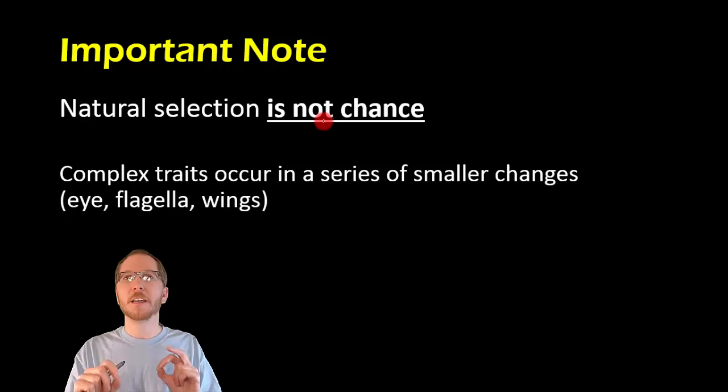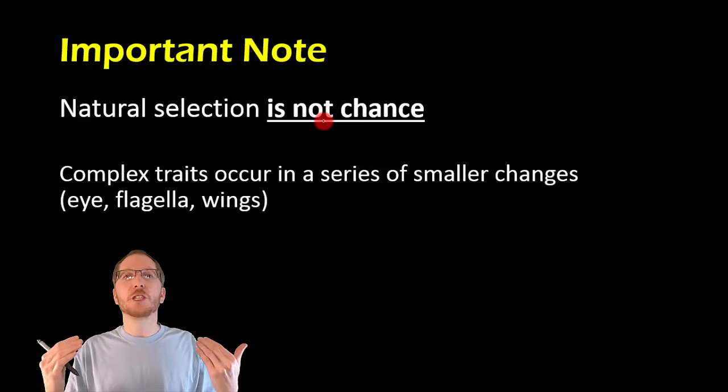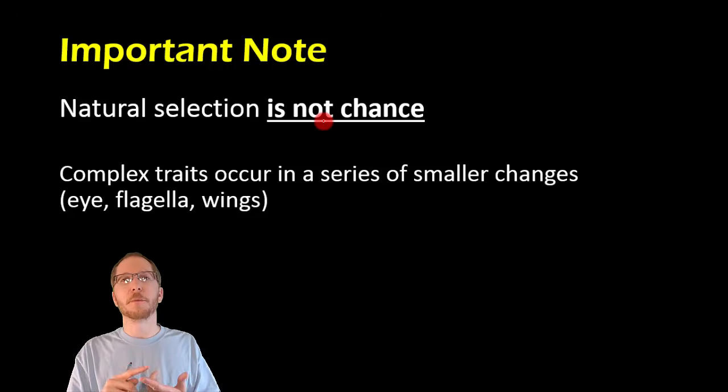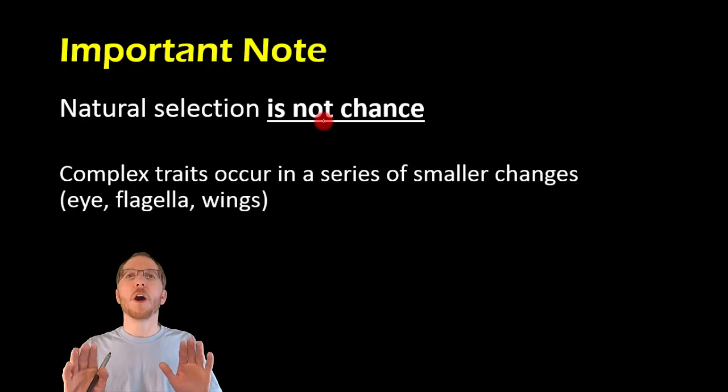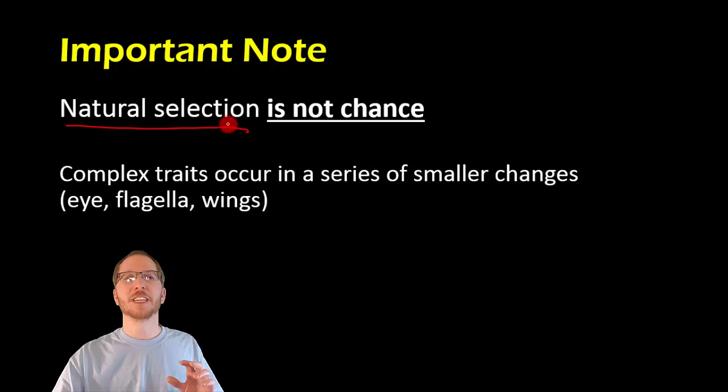This is not random. The environment, nature, is essentially choosing who is going to survive and who's going to be able to reproduce more, so their traits become more common. So other parts of what we talked about can be random. There is certainly some aspect of randomness during this whole process, but the actual process of natural selection is not random.